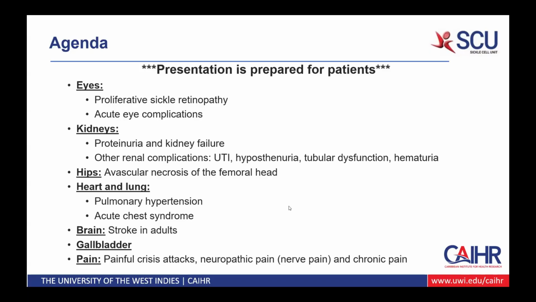That's also with the understanding that you would have had recent presentations on some of the more acute things, meaning some of the more sudden complications that can happen. I know you had a recent presentation on pain management and something recent on stroke as well. So we had Dr. Mullings present that recently. I won't go into too much detail about those things, but I'm going to try my best to stick within time.